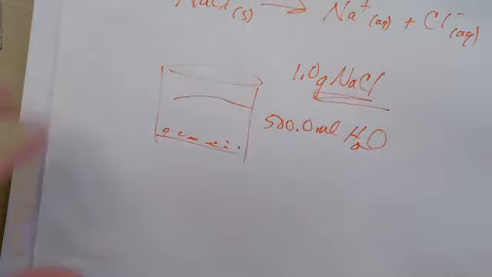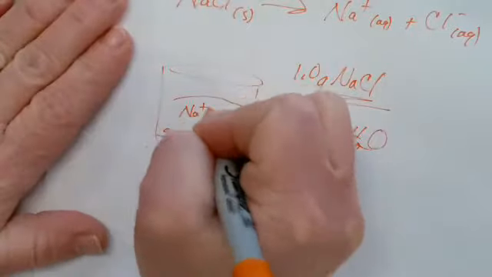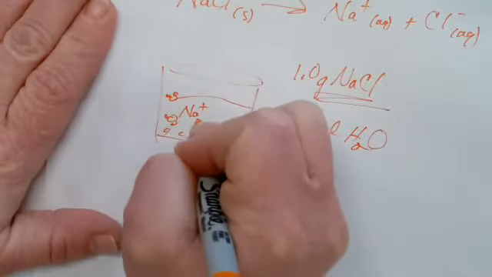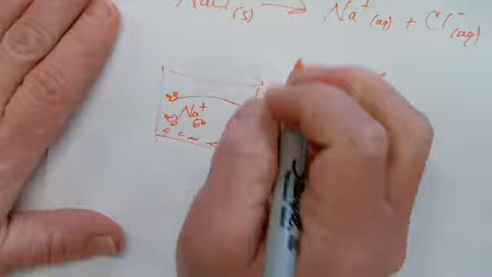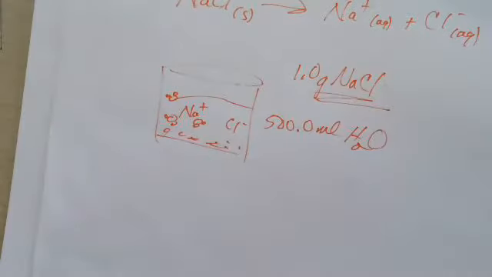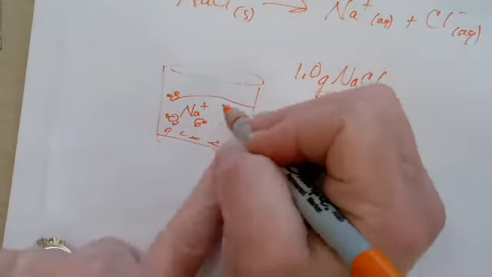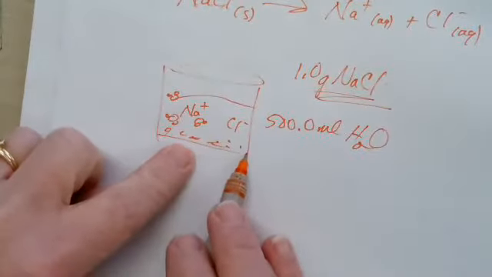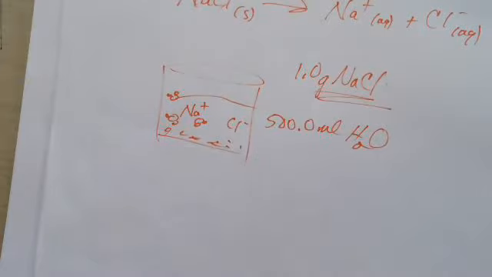Now, we saw a little animation of sodium ions surrounded by water molecules, and chlorides, and how the majority of it is water molecules, and it's not very often that these ions will collide, but they will collide.